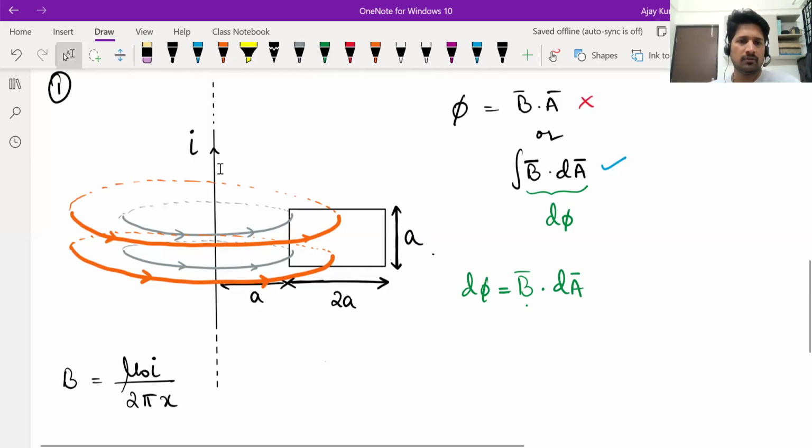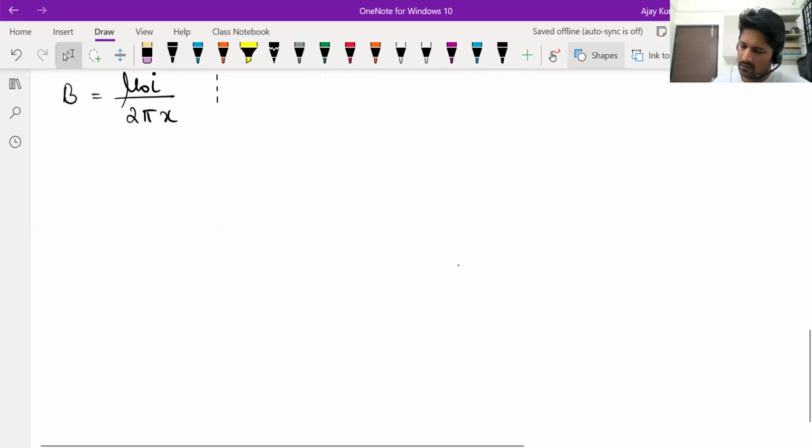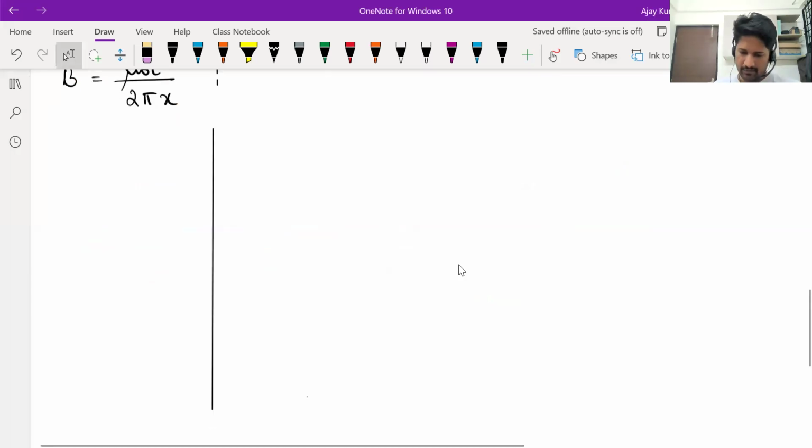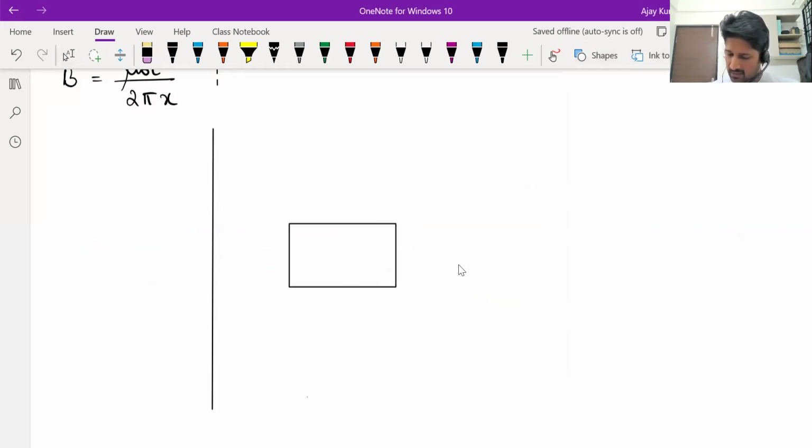Fine. So if you consider this wire, we know the magnetic field produced by the wire varies with distance from the wire, and different points of the rectangle are at different distances from it. But if you take a set of points of this rectangle which are equidistant from the wire, will they all be under the same amount of magnetic field or not?